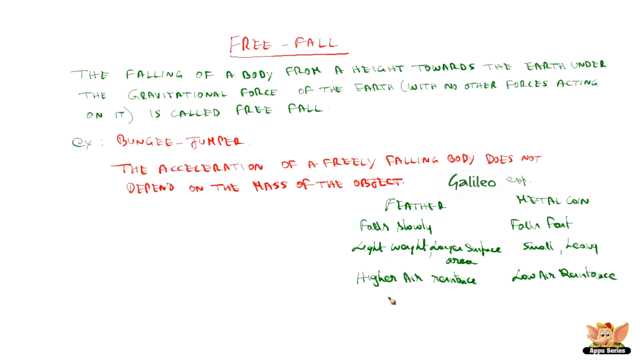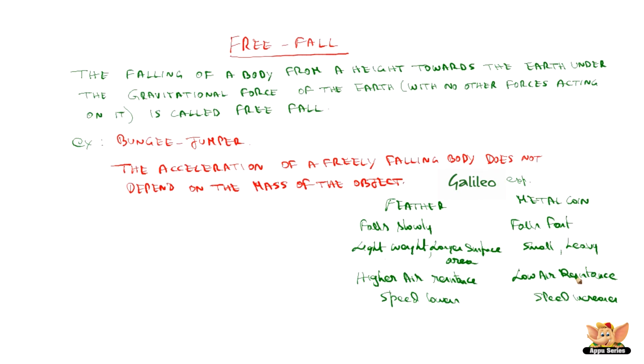Due to this, the speed increases here. So the feather and the metal coin, though they both fall to the ground, behave differently when compared. The air resistance, which is an external force acting on them, makes the speeds different, hence they fall at different times.